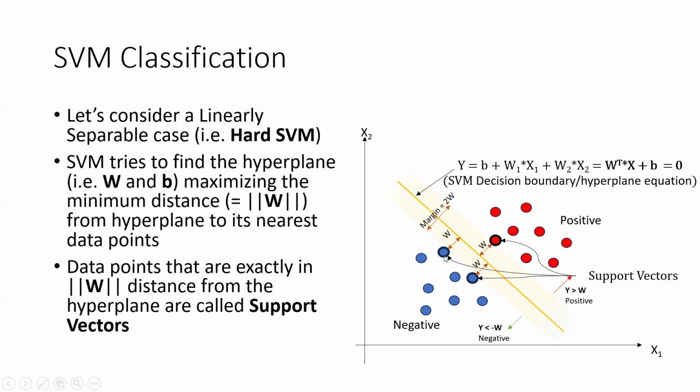We are concerned only about the data points that are very close to the decision boundary, right? So around this hyperplane, we are having a band, which is equally distant from this hyperplane, right?